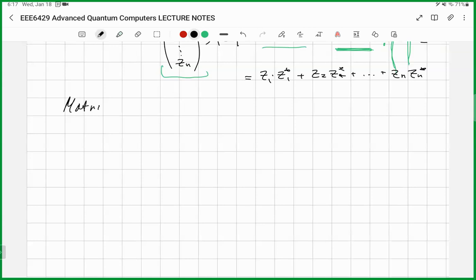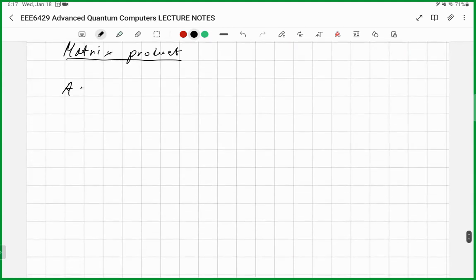So the matrix product of two matrices, let's say A and B, is simply another matrix, with the number of rows of the first one and the number of columns of the second one.